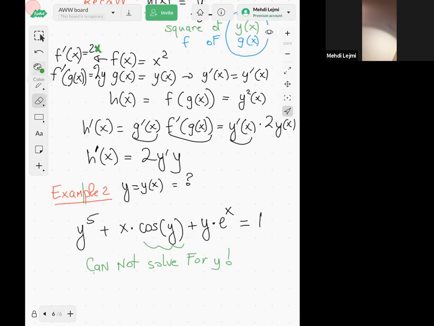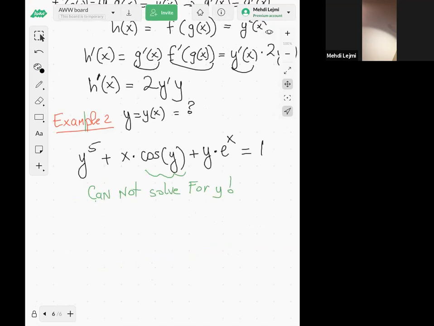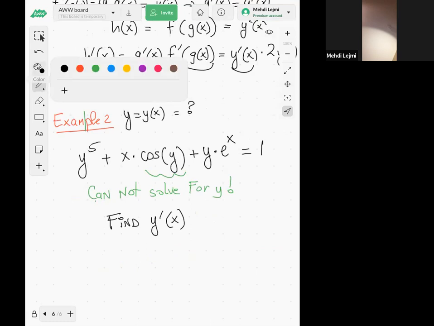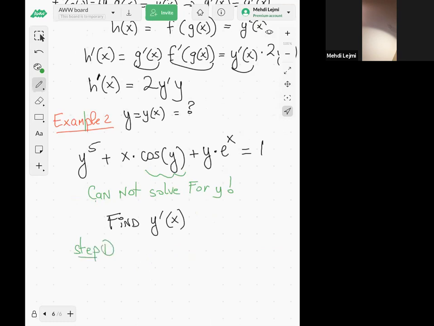So the question is to find the derivative of y, so I want to find y prime of x. All right. So there are 2 steps. Step one, we have to compute the derivative of the whole equation.